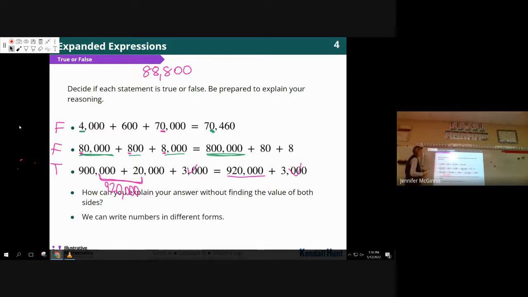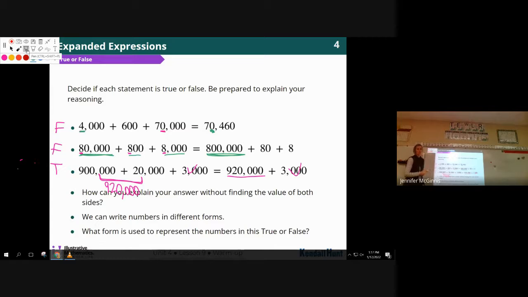We can write numbers in different forms. What form is used to represent the numbers in this true or false? Do you remember what this is called? When you write numbers as in addition problems? Nikki? Garrett? A fraction? Nope.